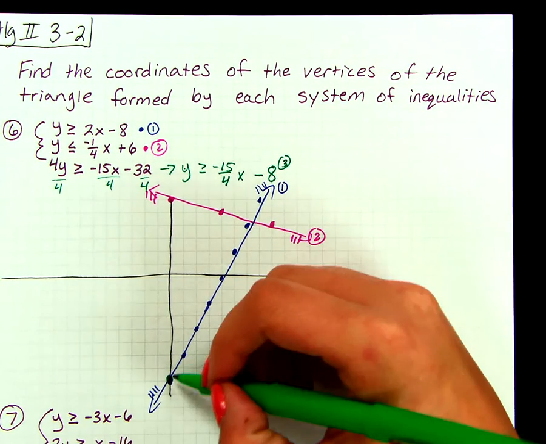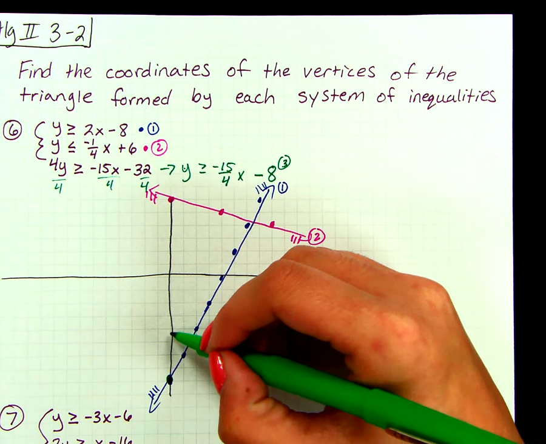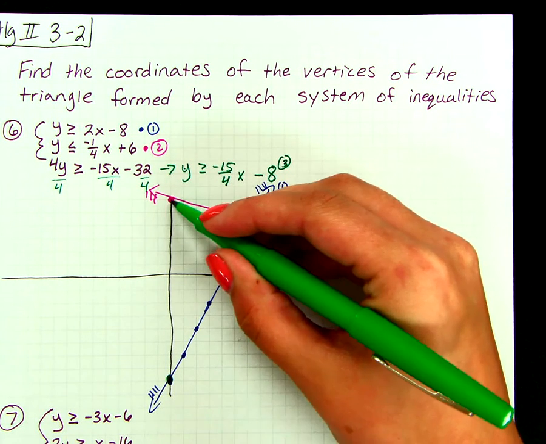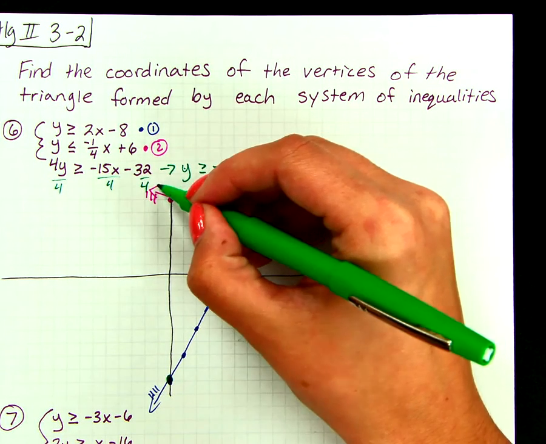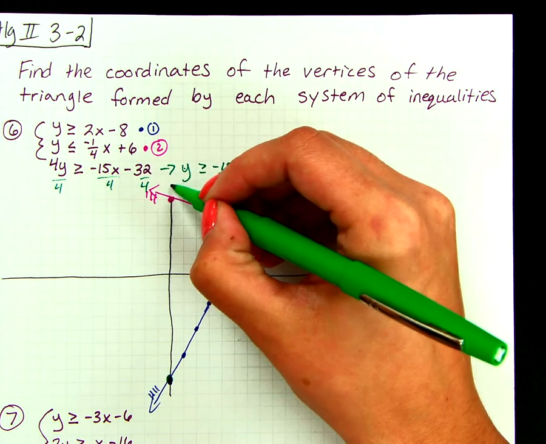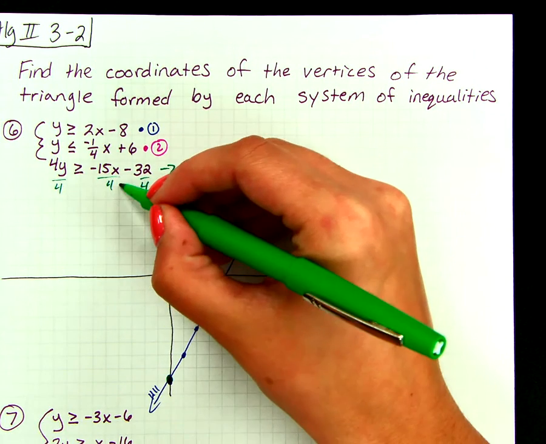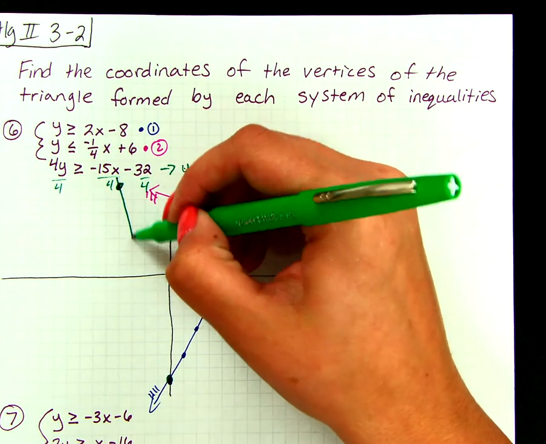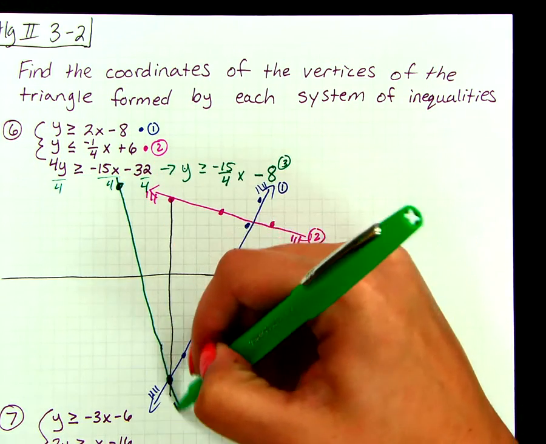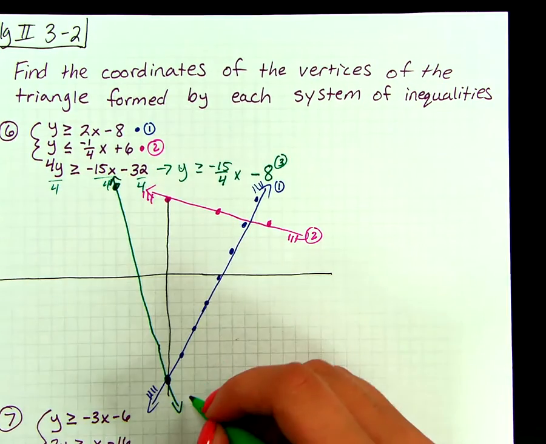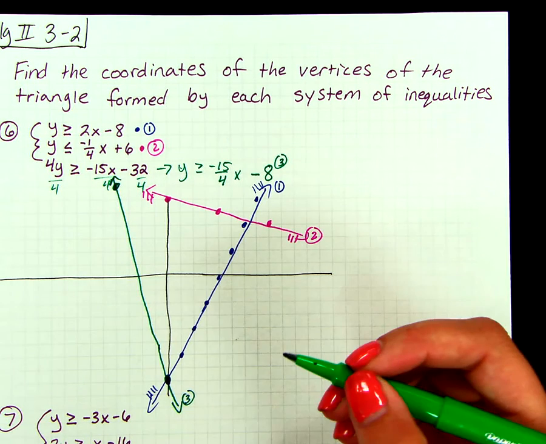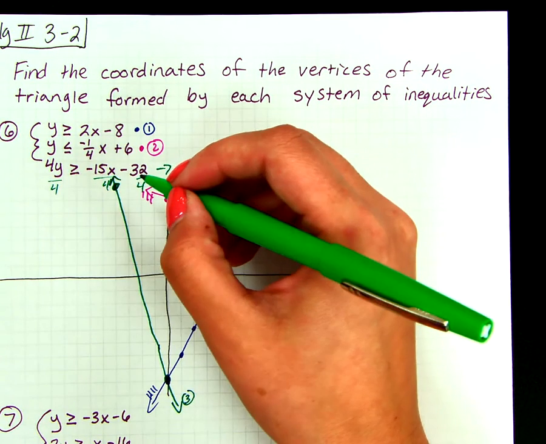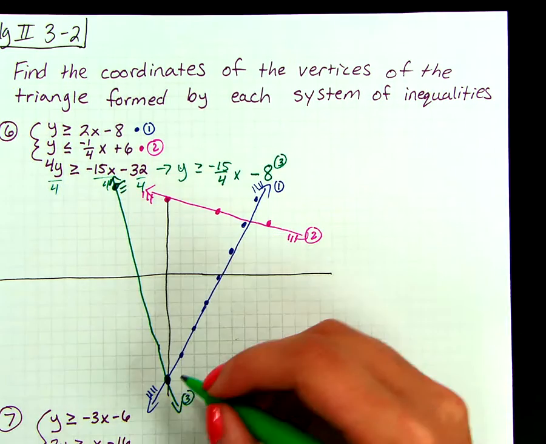So let's go up 15. 1, 2, 3, 4, 5, 6, 7, 8, 9, 10, 11, 12, 13, 14, 15, 1, 2, 3, 4. And solid line. So again, 3 goes by this one, and we are shading above. So that's going to be on this side of it.